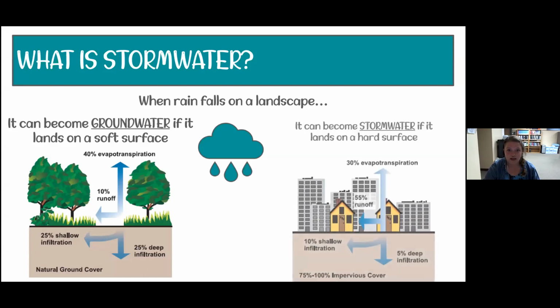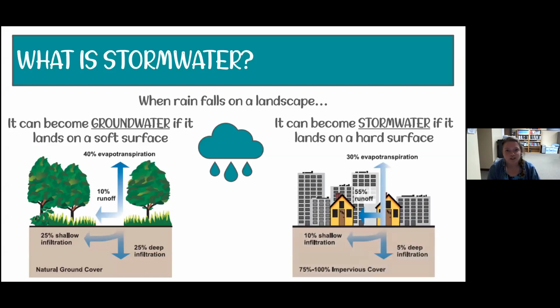If that rain falls on a hard surface, which could be the rooftop of a building, it could be a roadway, a driveway, it could even be soil that's been compacted by construction vehicles, that water will flow across the landscape in the form of stormwater. And so when we use the term stormwater, we just mean any water that is flowing across a landscape.